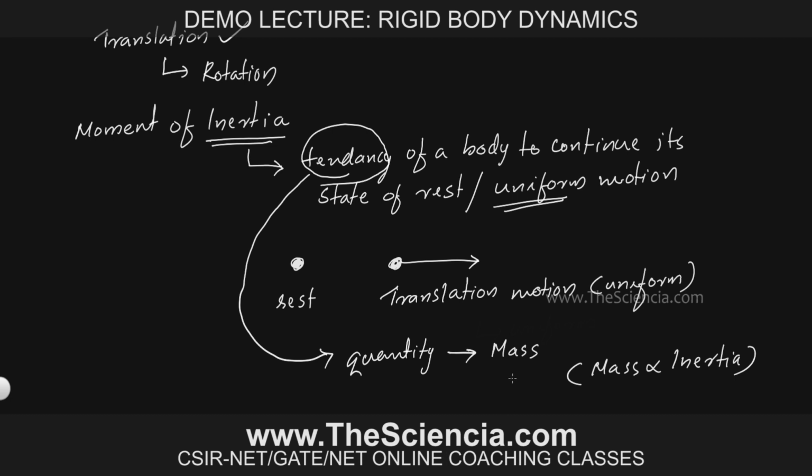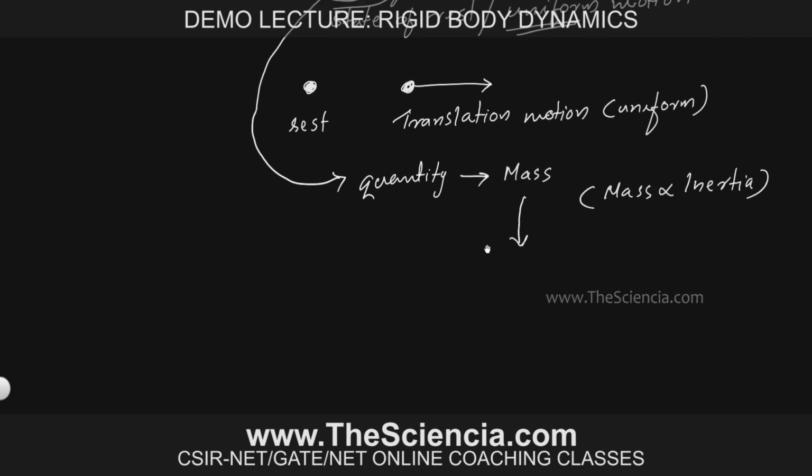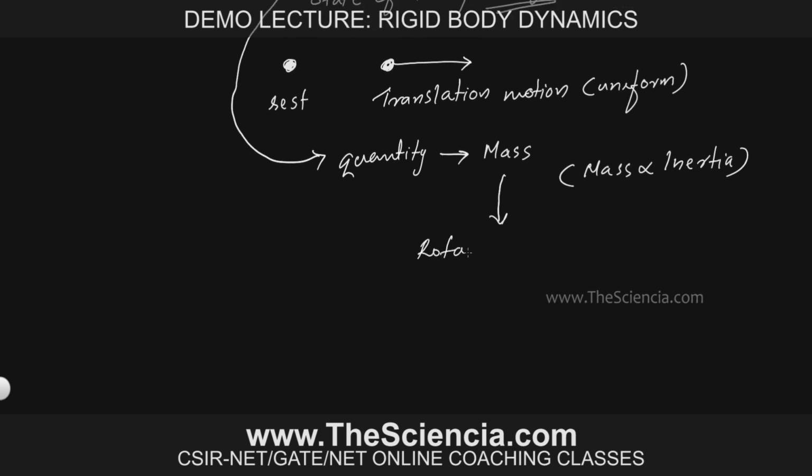Suppose it is in rotational motion, then what do we call it? You know rotational motion is a non-uniform motion, right? And we call this mass in rotation the moment of inertia.